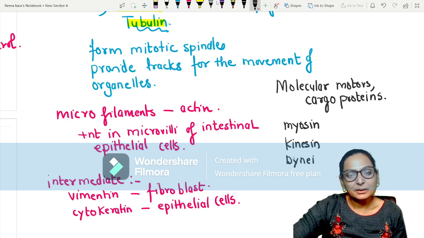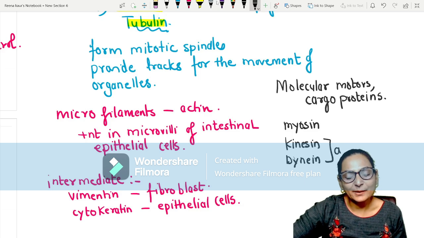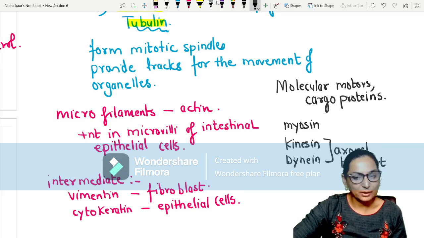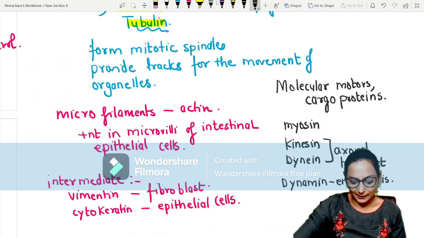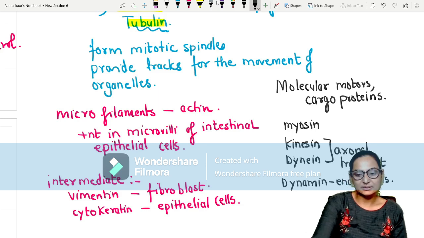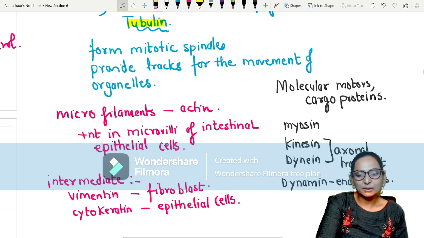Remember, I taught you these when teaching axonal transport, the transport across the neuron. And there is something called dynamin, which is useful in endocytosis. So these are molecular motors.